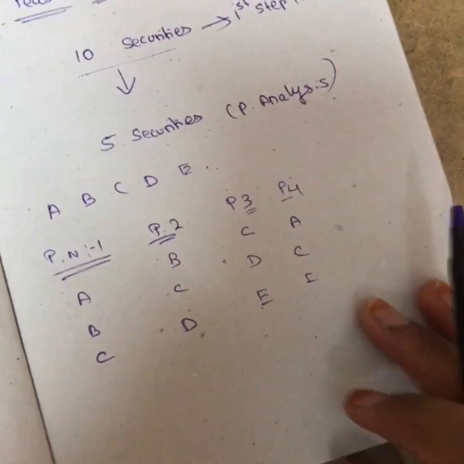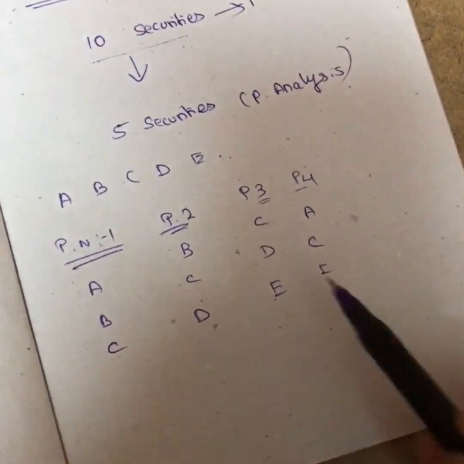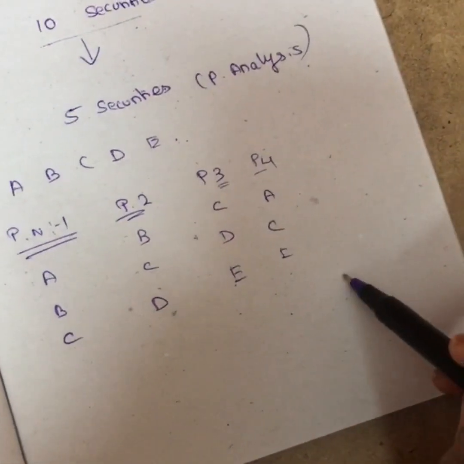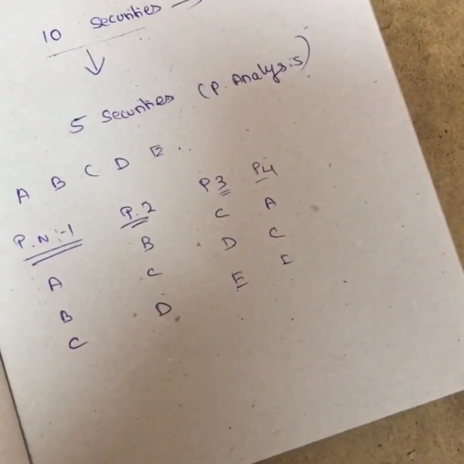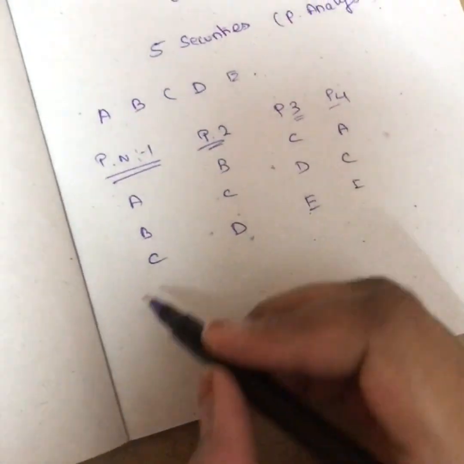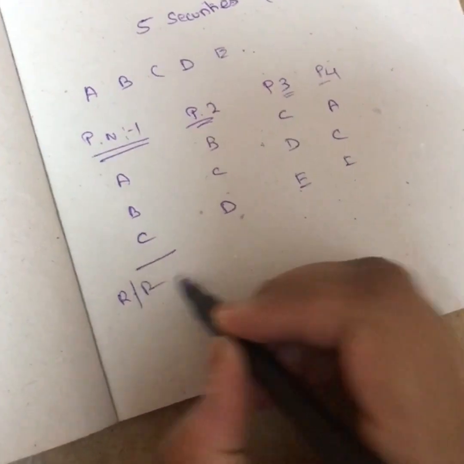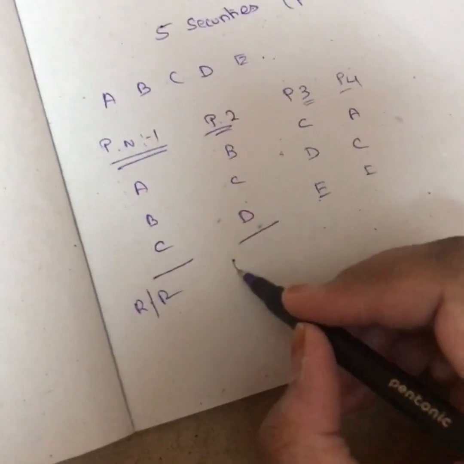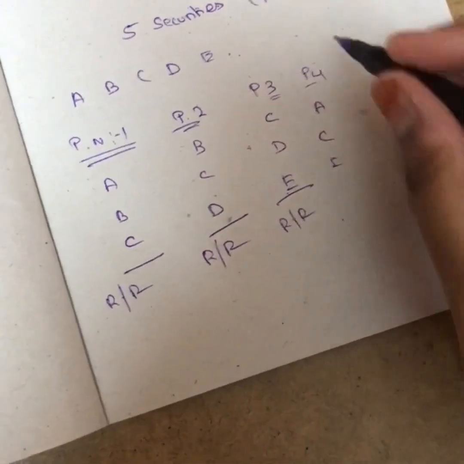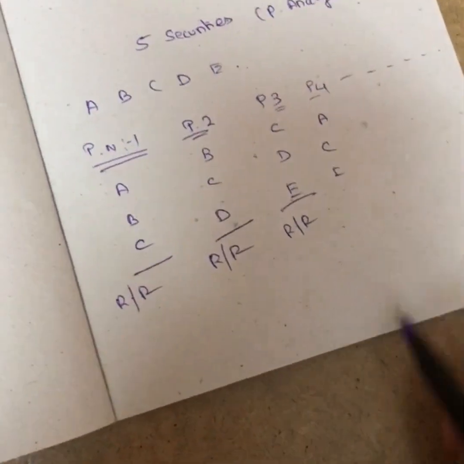Now the next step is the selection process, right? Based on these possible sets of portfolios, we are going to select the optimal portfolio. In portfolio analysis, what did we do? We calculated risk and return for portfolio 1, for portfolio 2, for portfolio 3, and for all the portfolios.